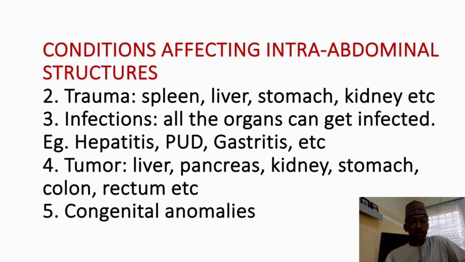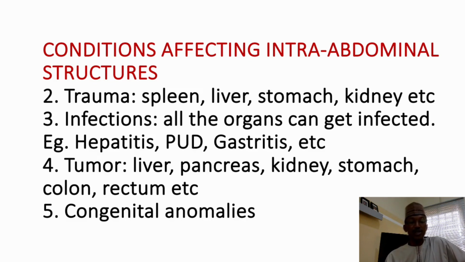Hepatitis can happen as a result of viral disease, what we call viral hepatitis, which is divided into hepatitis A, B, C, D, and E, and also hepatitis can result from bacterial infections, or from protozoa, something like amoebiasis. I'm sure some of you may have come across the protozoan known as amoeba. That amoeba can also affect the liver so as to cause hepatitis.